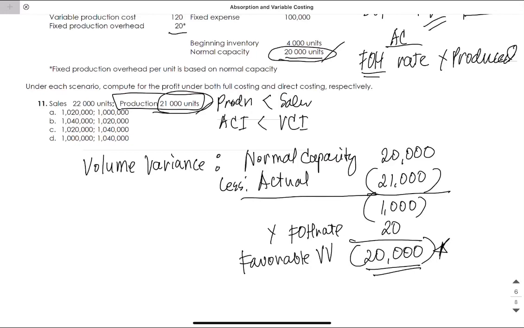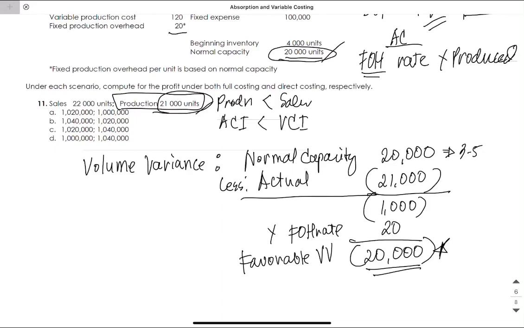Kidding aside, this is favorable because when we say normal capacity, it is based on 3 to 5 years of information. So normally we produce only up to 20,000. Our warehouse, for example, the capacity of our warehouse normally is 20,000.